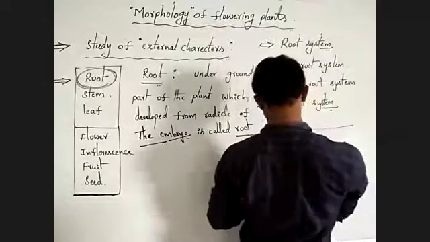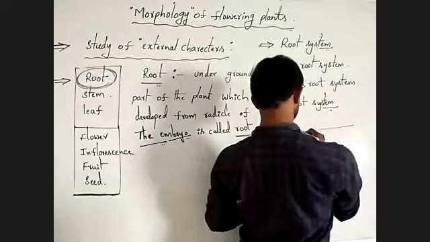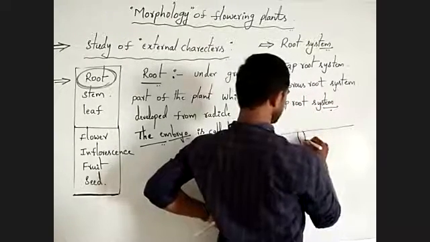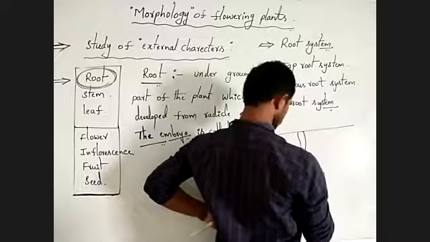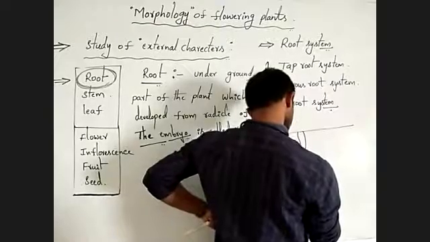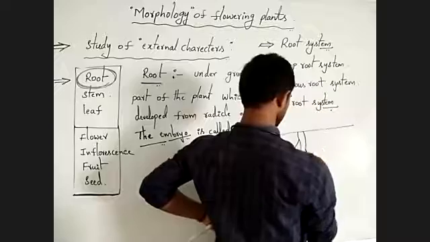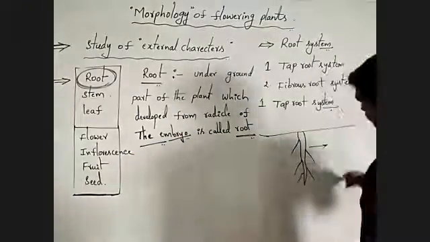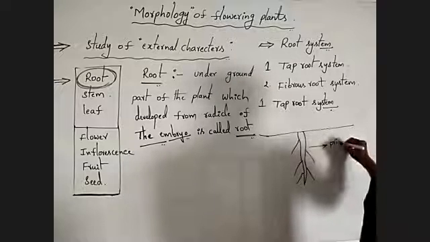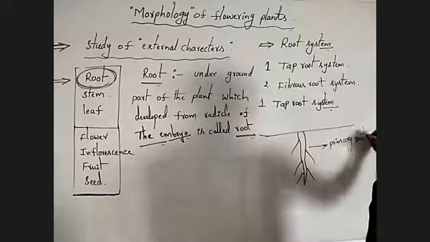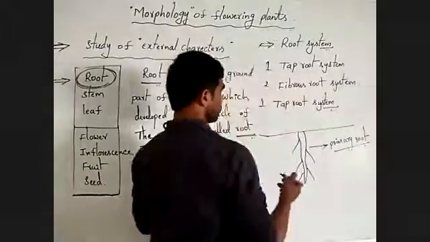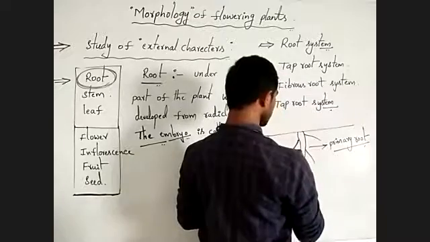Observe carefully. From the radicle, the primary root develops like this into the soil. The primary root forms small branches.